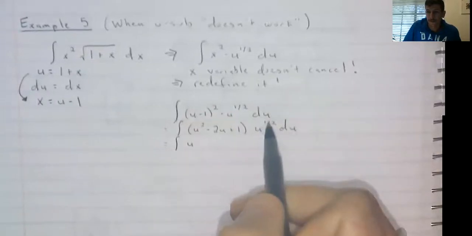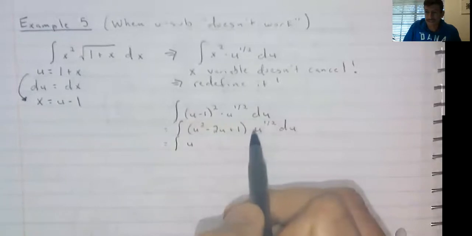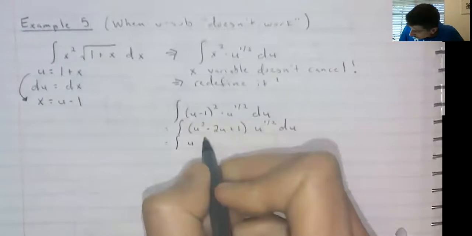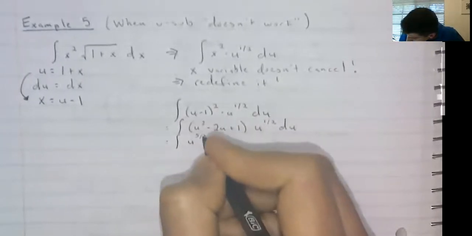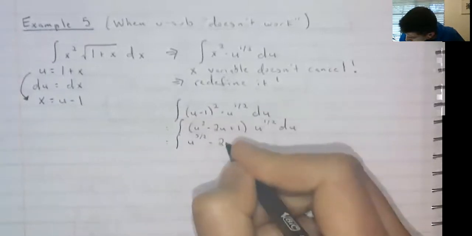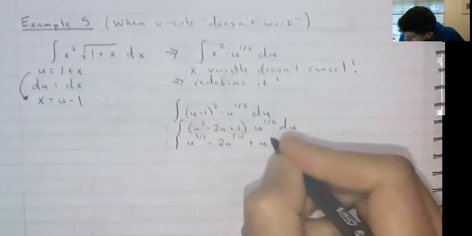I'm sure that somebody's first instinct was to say that u squared times u to the 1/2 was u to the first. So there's going to be u to the 5/2 minus 2u to the 3/2 plus u to the 1/2.